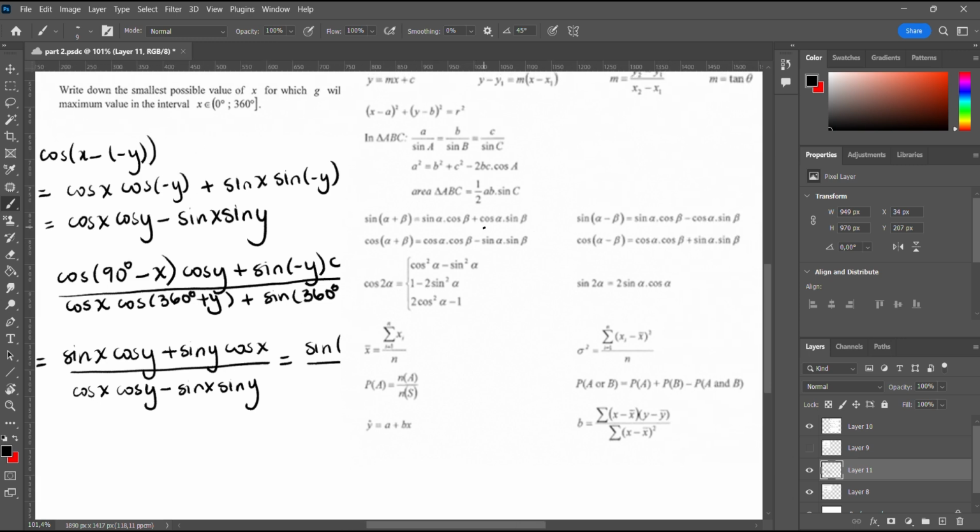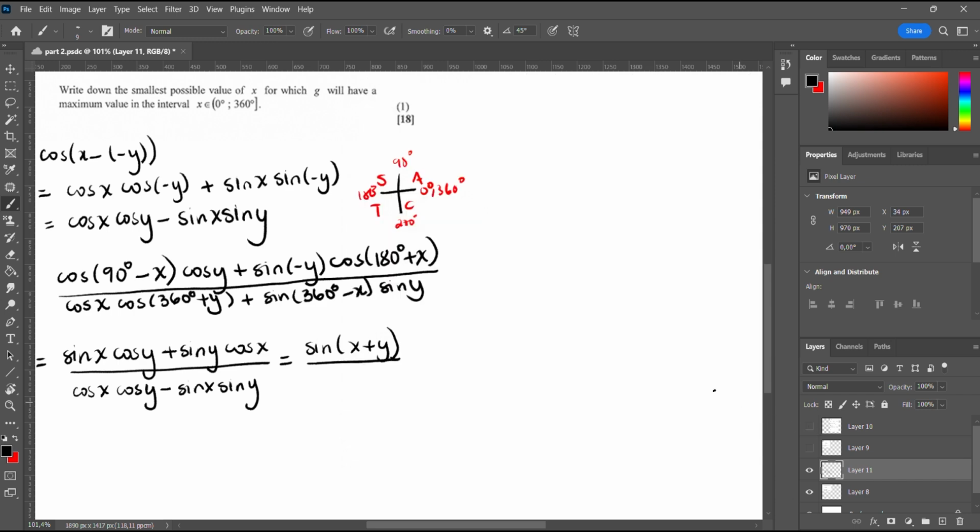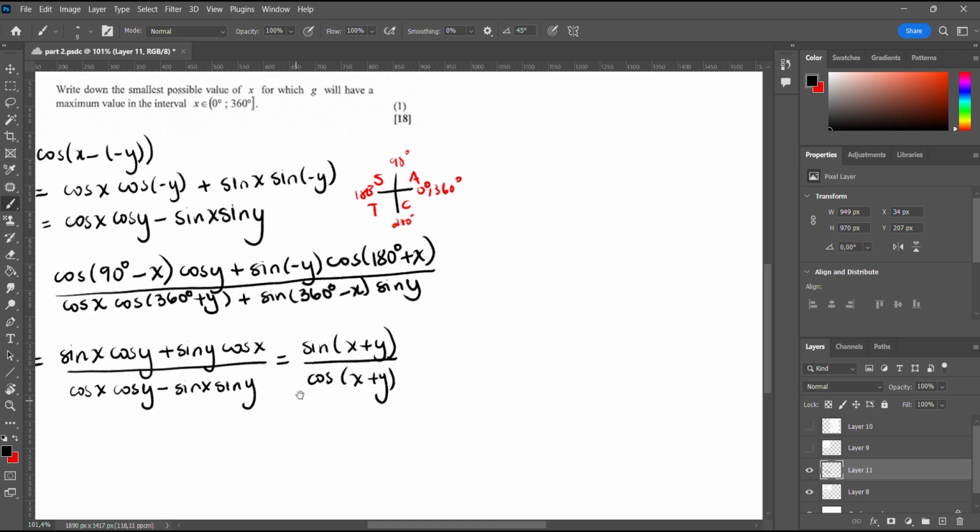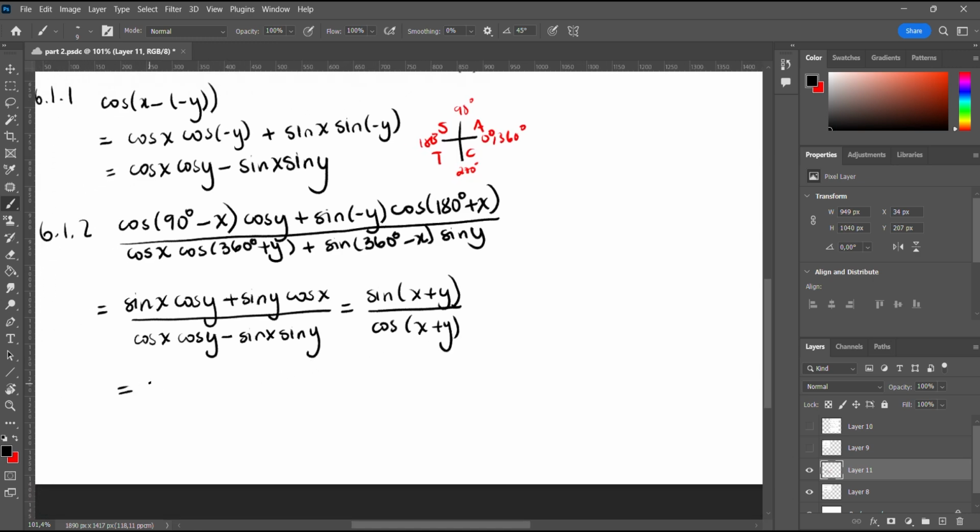So sine of x plus y, all over, and if we check our information sheet, this cos minus sine equals positive, so cos of x plus y, and that equals tangent of x plus y.